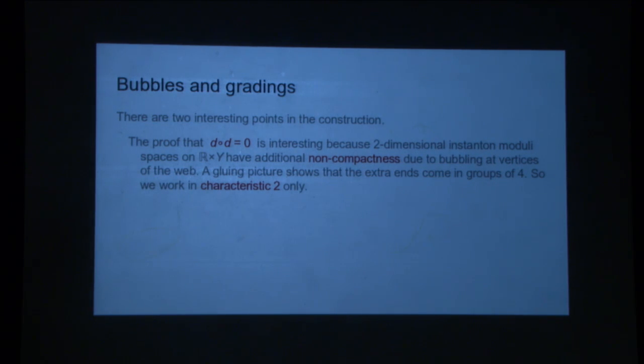So d, remember, the differential is defined by counting flow lines between critical points. And there's a standard argument in Morse homology for proving that d squared is 0.